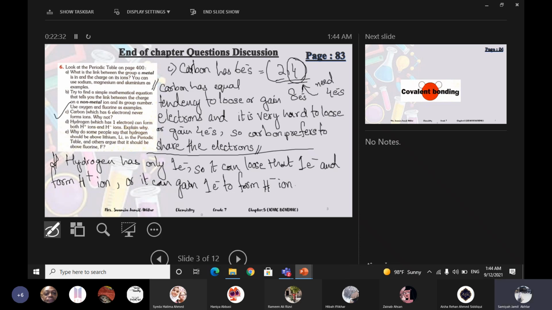But hydrogen also prefers to share the electrons, which we will see in the next chapter. Carbon also shares and hydrogen will also share the electrons, but hydrogen can form plus charge and minus charge also. You can write the same answer, and then I'll discuss part E with you. Quickly note it down.